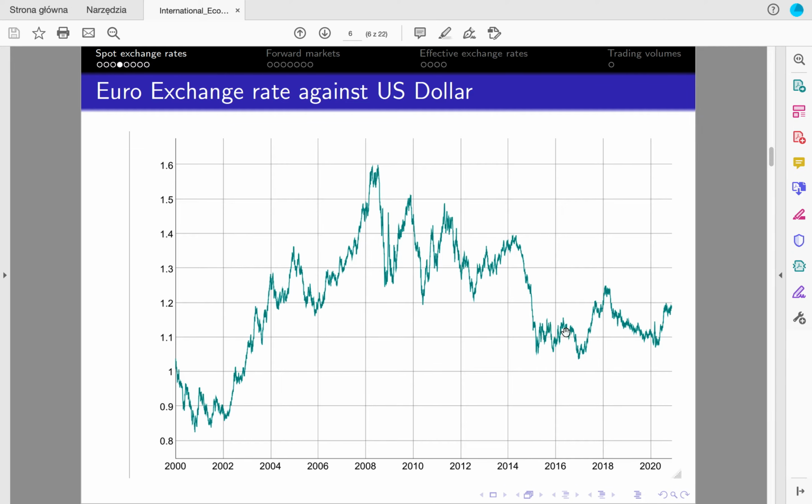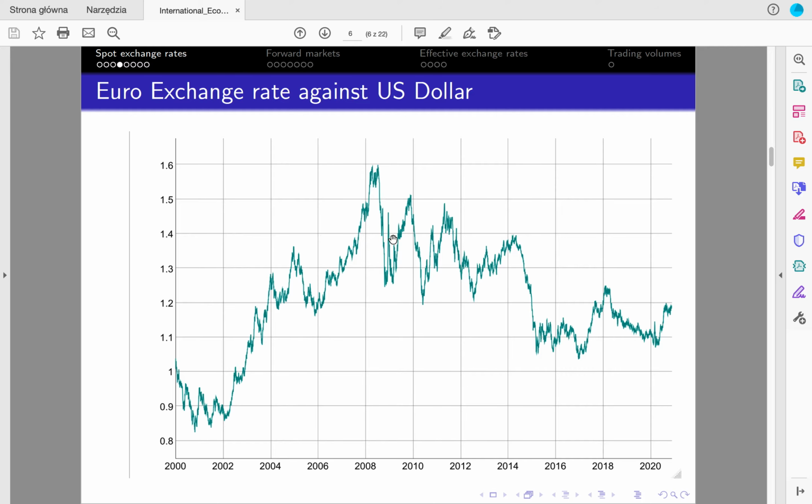around 2015, and it's maintaining roughly between $1.1 and $1.20 for the time being. But clearly, we see here that there is a great deal of volatility.